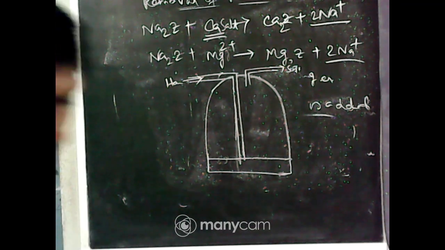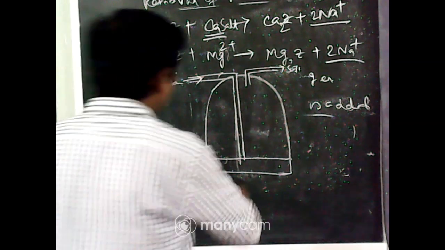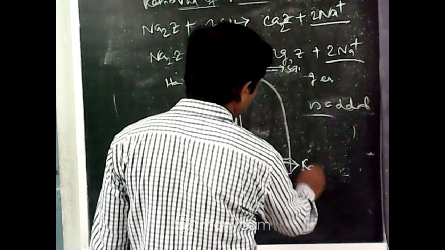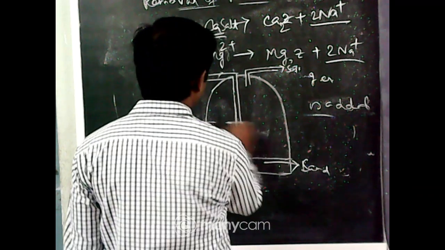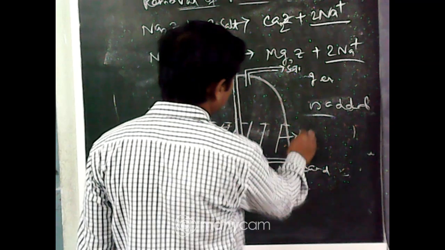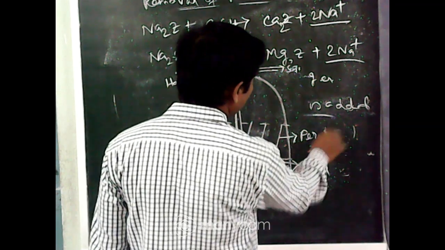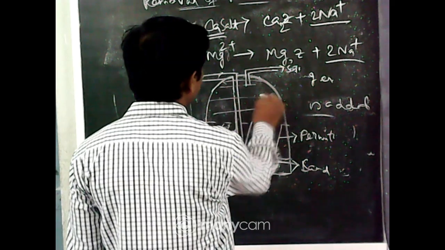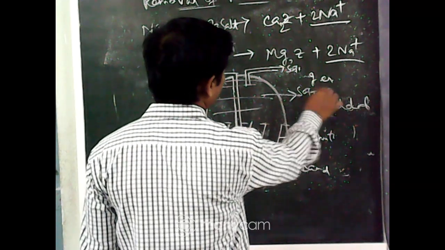So, the hard water first goes towards the coarse sand or pebbles, and at that layer it is the permutate, and this portion is full of soft water.